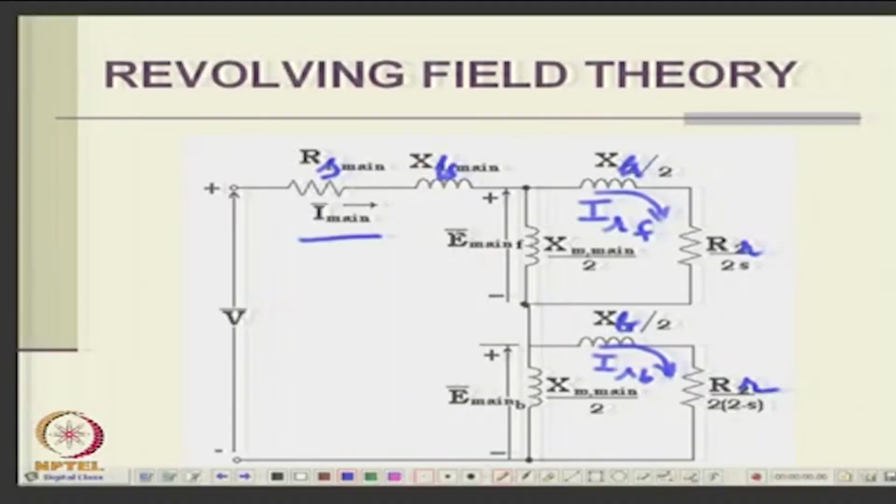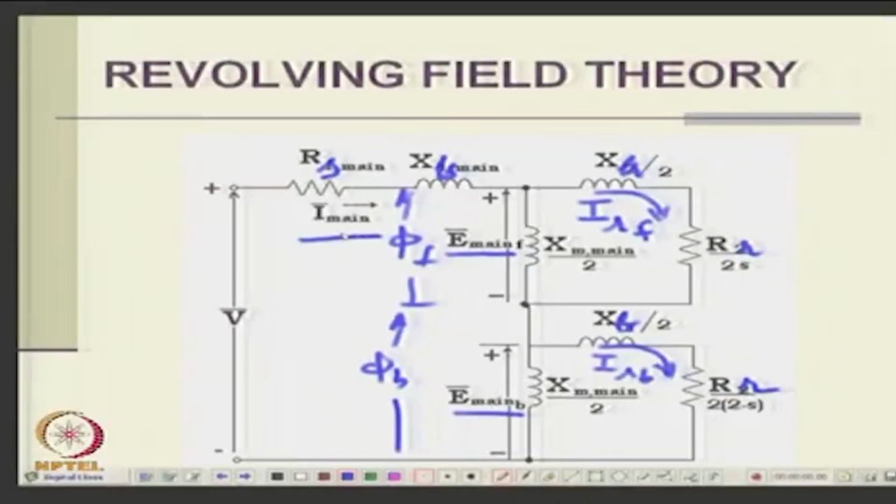So, you are now extending from the 3 phase induction motor theory to say that this is the forward field, this is the backward field, okay, and E main forward and E main backward. Now tell me, is E main forward the same as E main backward? They will not be the same, because your forward flux is not the same as the backward flux.